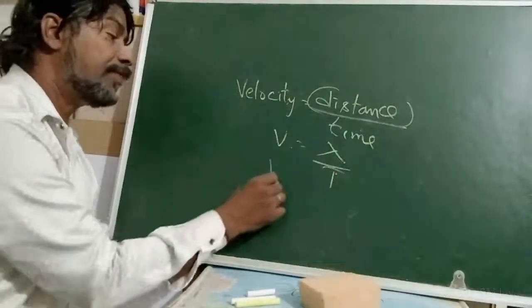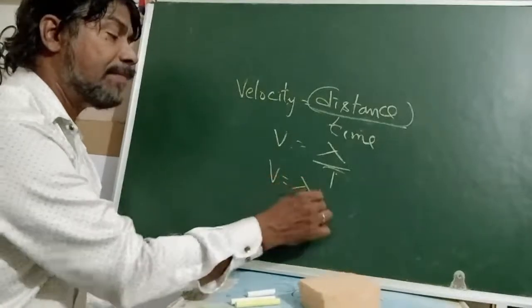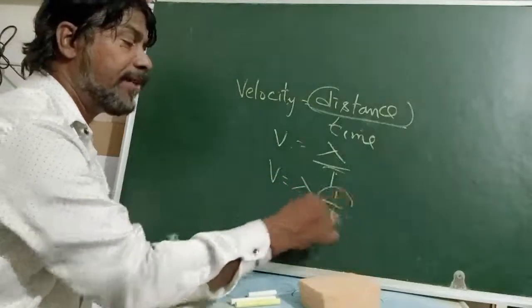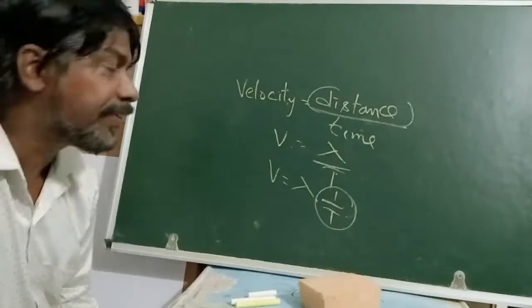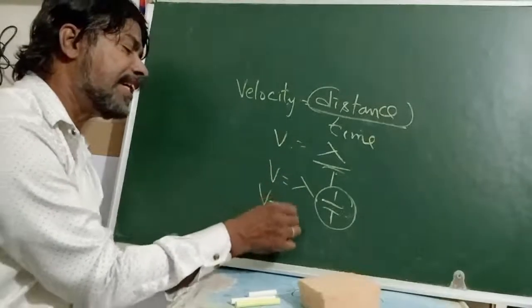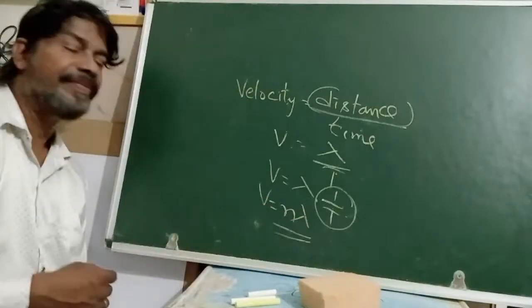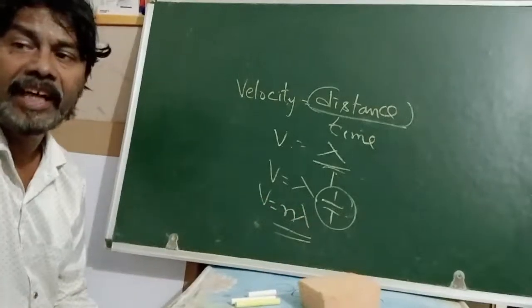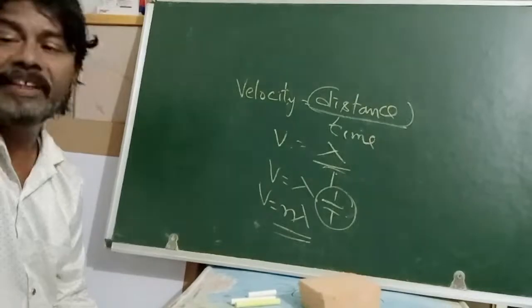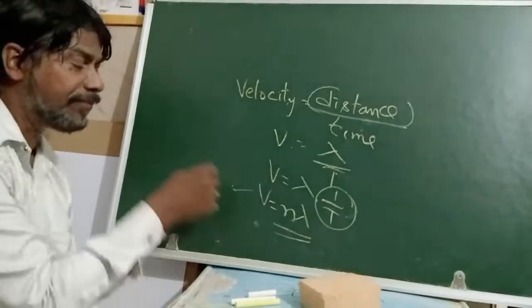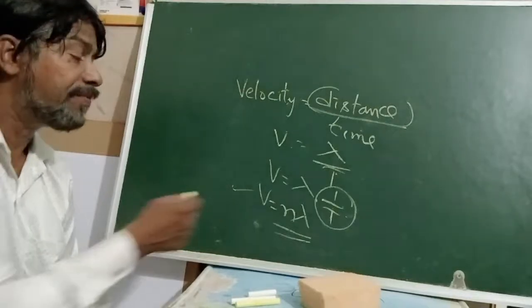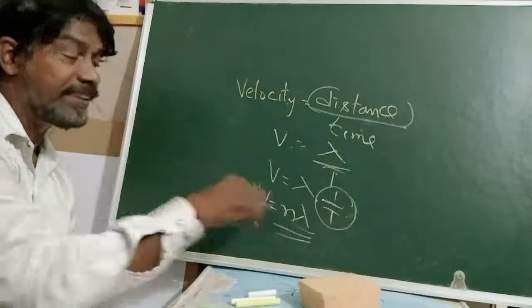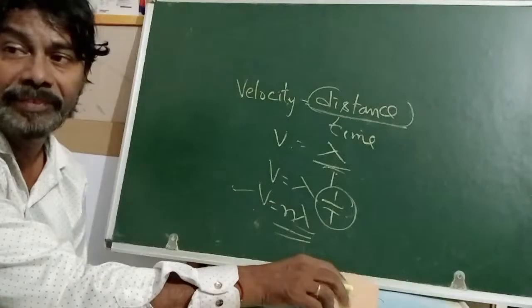So v is equal to lambda into 1 by t. 1 by t is nothing but the number of vibrations per second, that is called frequency. So v is equal to n lambda, where n is the frequency, lambda is the wavelength, and v is the velocity. Velocity of a wave, v is equal to n lambda. It is the formula for velocity of a wave.